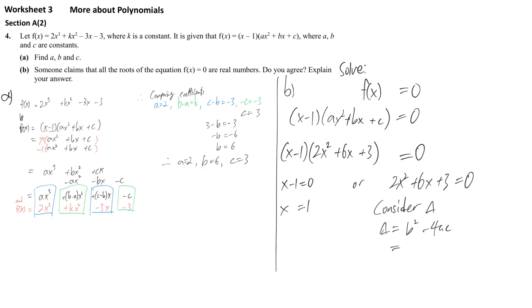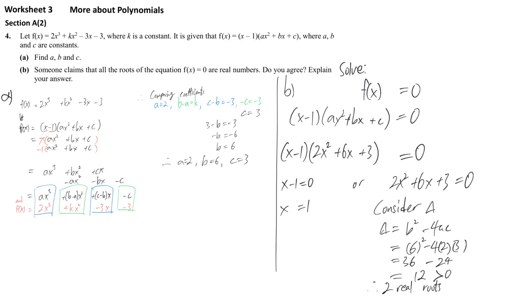That means what's inside the square root: something squared minus 4 times something. b is 6, a is 2, c is 3. So 36 minus 24, we get 12. It is larger than 0. That means in our quadratic formula, there will be the square root of 12, which is real. So 2 real roots, or more precisely, 2 distinct real roots.